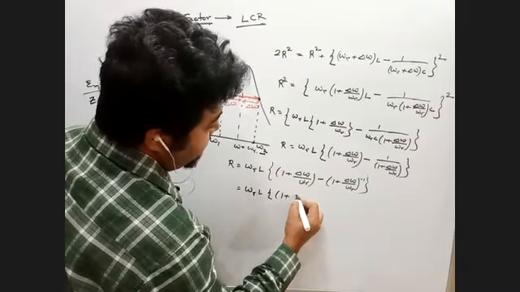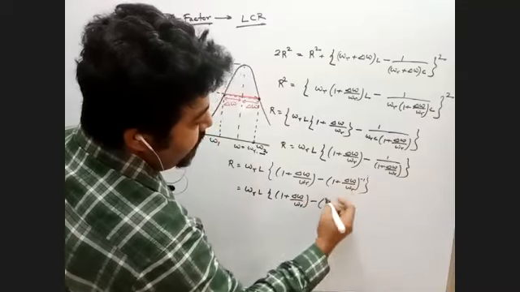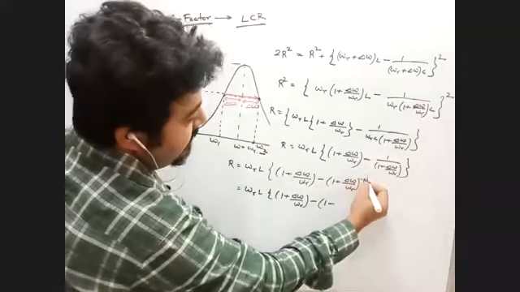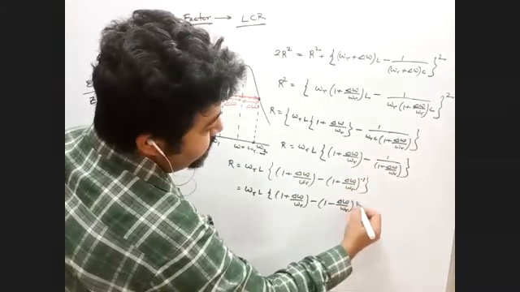So 1 plus del omega by omega R to the power minus 1 becomes 1 minus del omega by omega R.